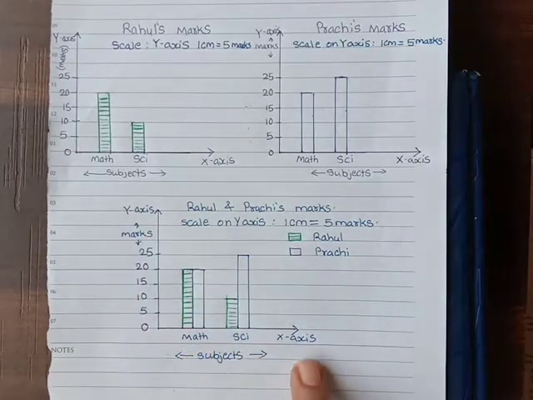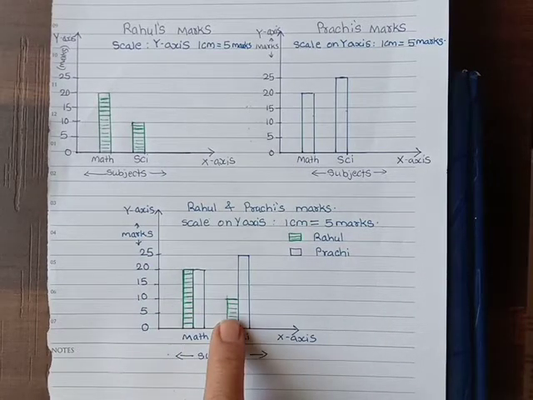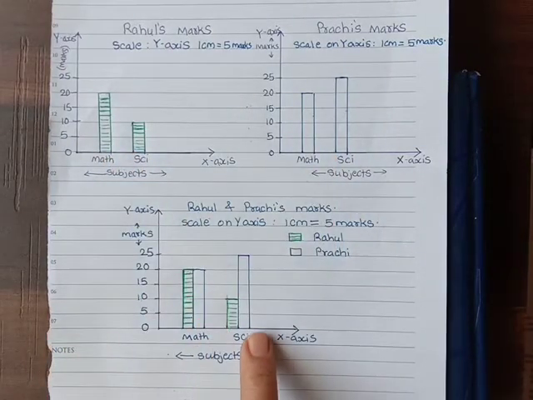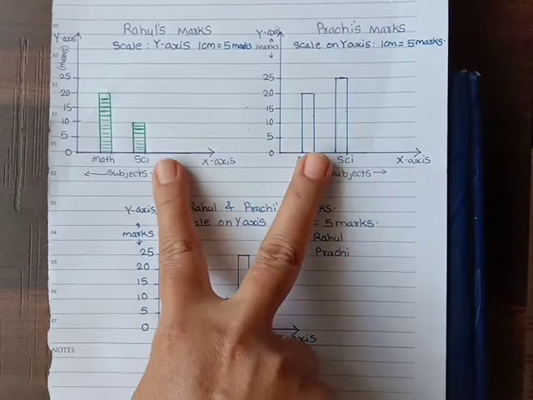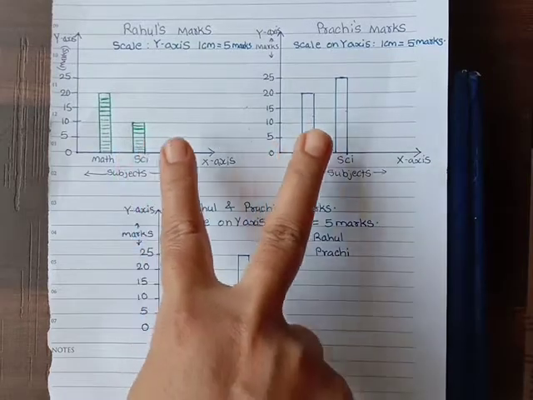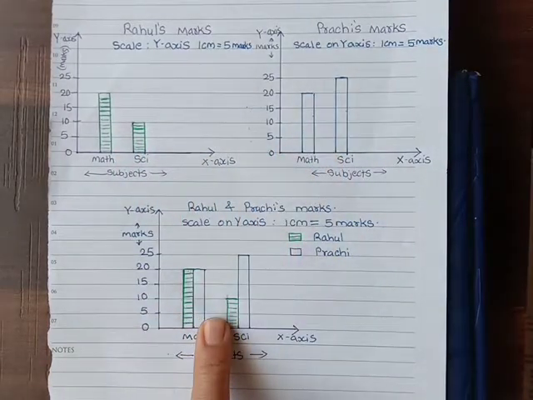In this graph, I have shown Rahul's marks in green color over here, and I have shown Prachi's marks as well. So in this way, I have shown the information from both the graphs in a single graph.